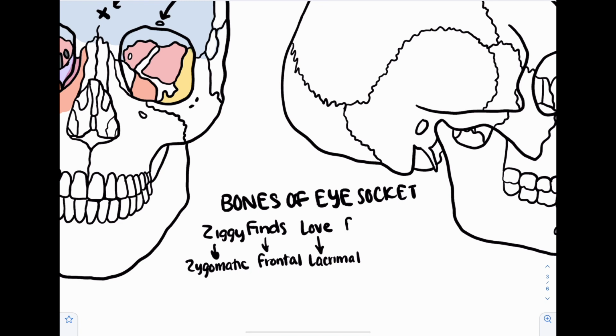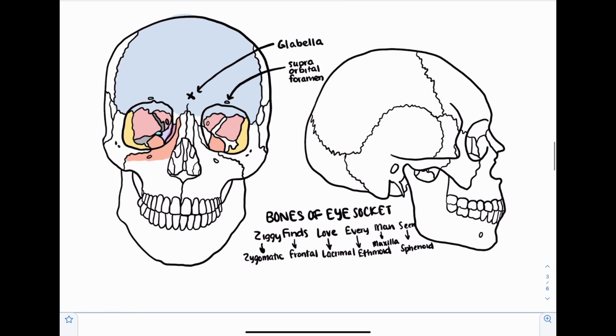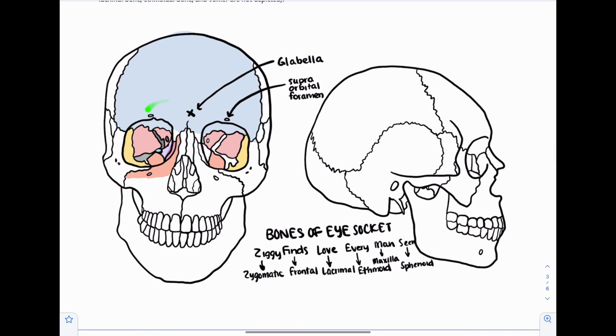Lovin' every, ethmoid. Man, maxilla. Seen, sphenoid. So, Ziggy finds love in every man seen.